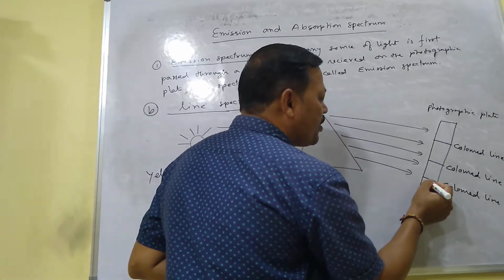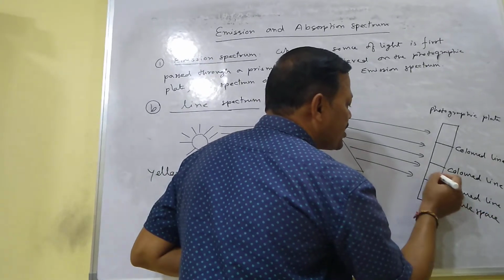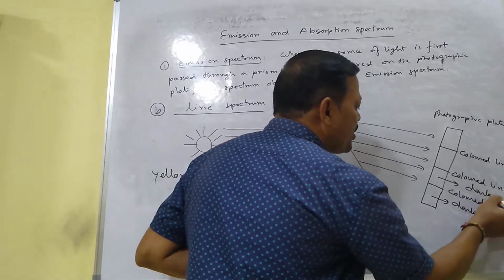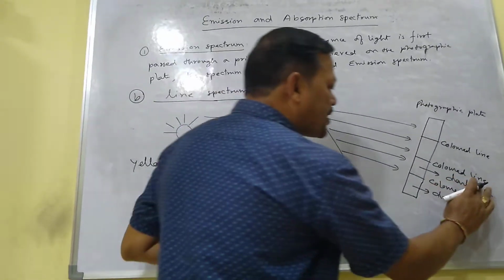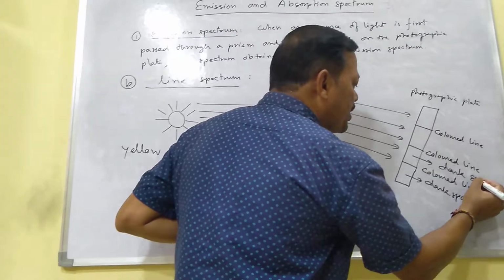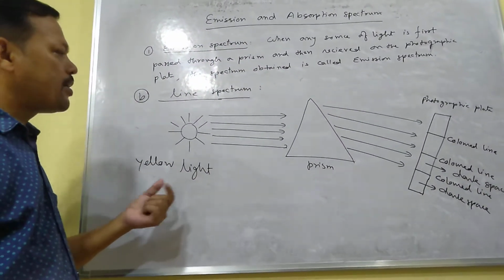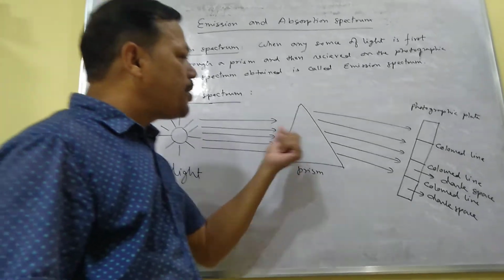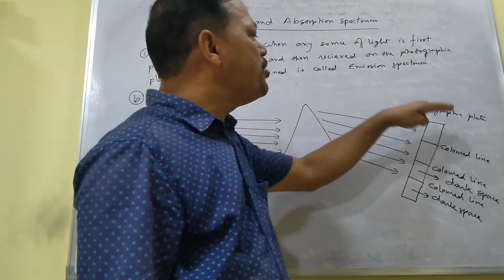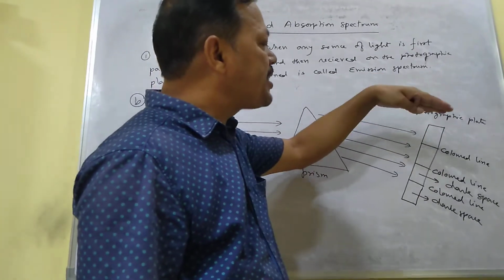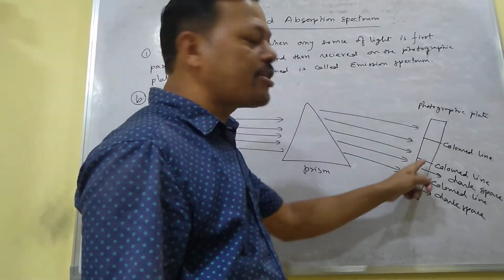These are the dark spaces. This is also a dark space. So here in between the lines you will get some dark spaces, and that is why this is not said to be the continuous spectrum. So when colored light is passed through the prism and received on the photographic plate, you will get some colored lines, and in between the colored lines you will get the dark spaces.